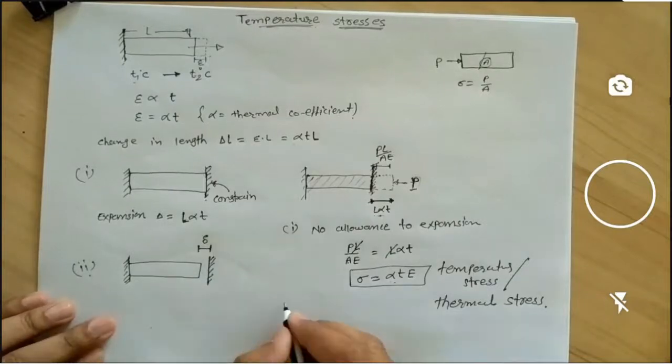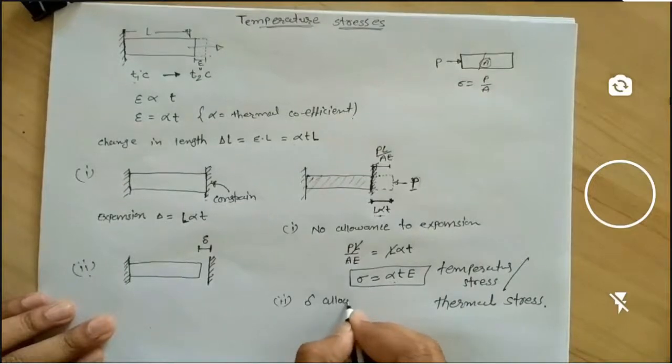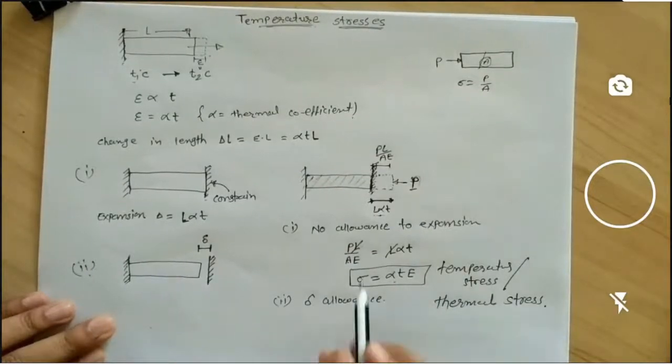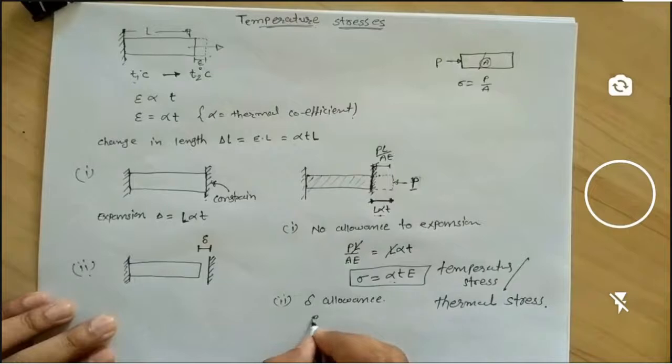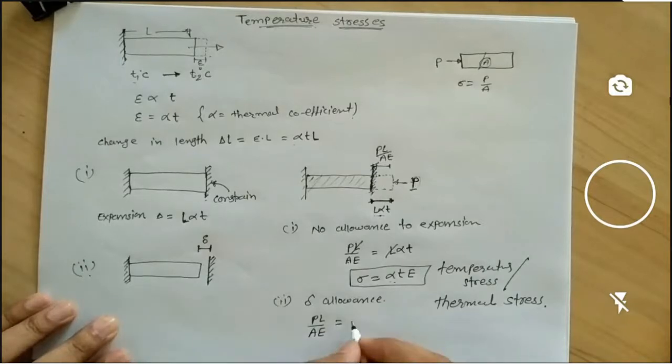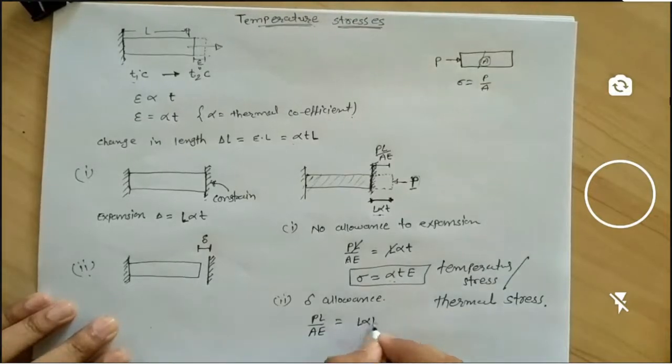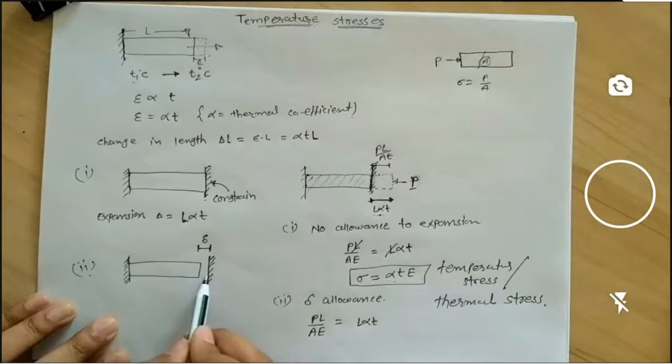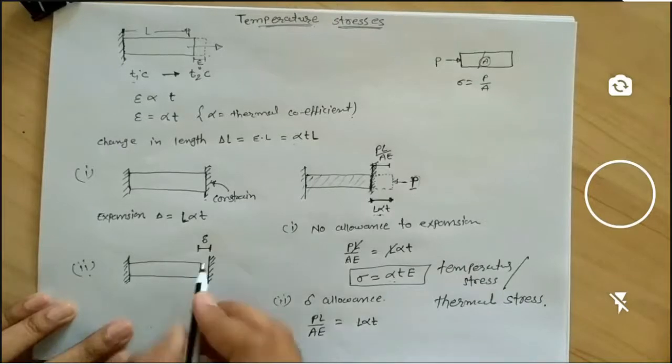Okay, so in the second case, delta allowance. Now in that case, what happens? PL by A, that is the change in length by the support, is equal to L alpha T, that is the total expansion required due to the temperature change of this element.